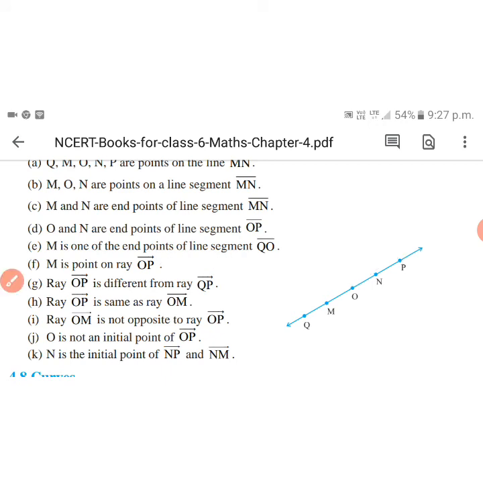G part: ray OP is different from ray QP. This is ray OP and this is ray QP. Both are different, so the statement is true.